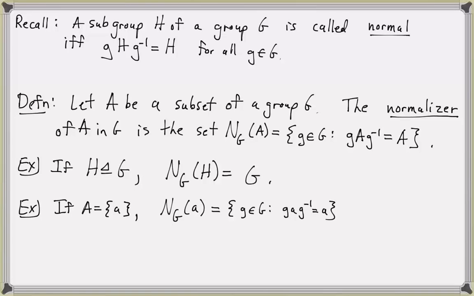But then by multiplying both sides of this equation by g on the right, we see that this is the same as the set of g in G such that g a equals a g. And we know this to be equal to the centralizer of the element a. So it turns out that the normalizer of an element a is the same as the centralizer of that element a. In other words, it's the elements that commute with the element a.